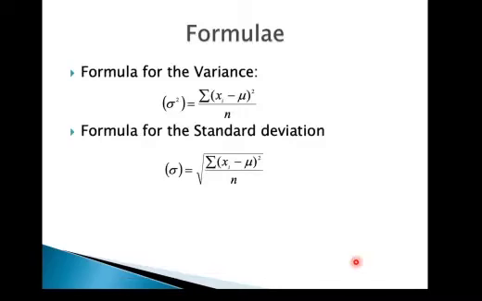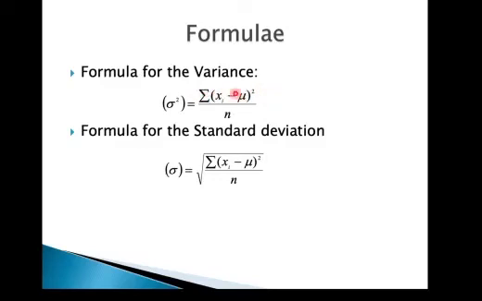And by now, we would have known the formula for the variance. So the formula is getting first the deviation from the mean, and then squaring the deviations from the mean, and then adding the square deviations from the mean.